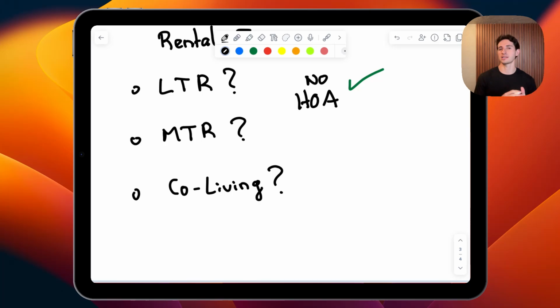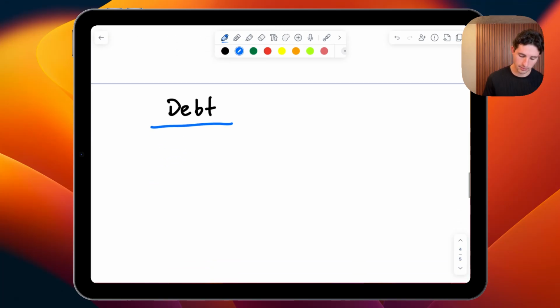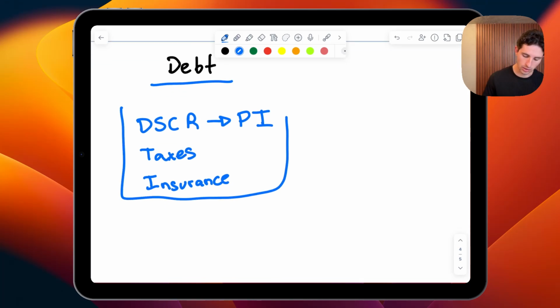You can always start as a long-term rental, because you will have two main payments. You will have the main debt, the DSCR, principal and interest, I'm gonna put it like PI, and then also you want to get the taxes a year, so you get them monthly, taxes, insurance, and this goes together, known as the PITI.